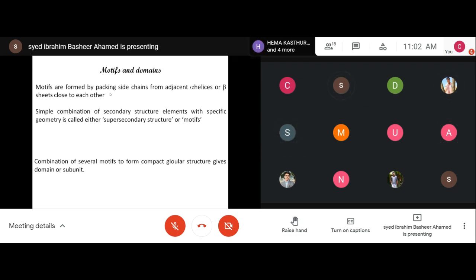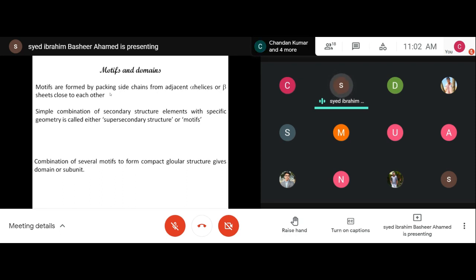So motifs and domains are what you are going to see now. A motif is a combination of several secondary structures. These secondary structures come together and form a motif.